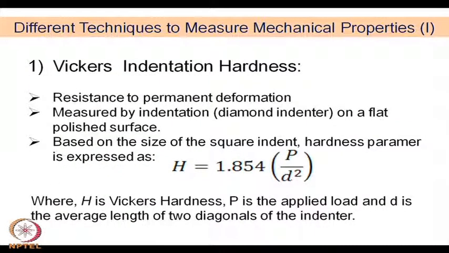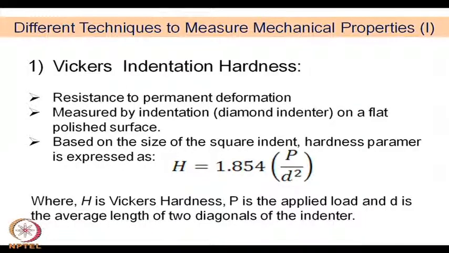Well, having discussed that, let us look at the different techniques of measuring the mechanical properties. Of course, fracture toughness is one of the important mechanical properties which we must understand and measure experimentally.